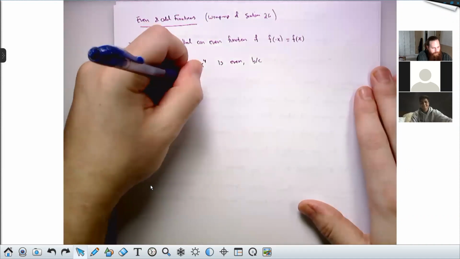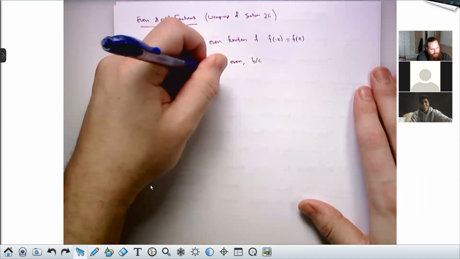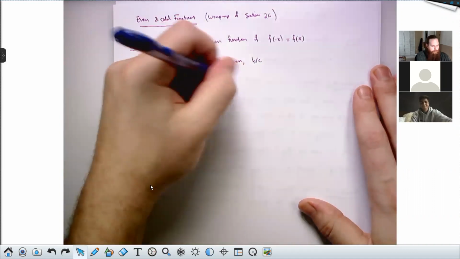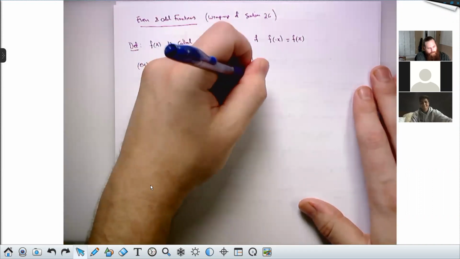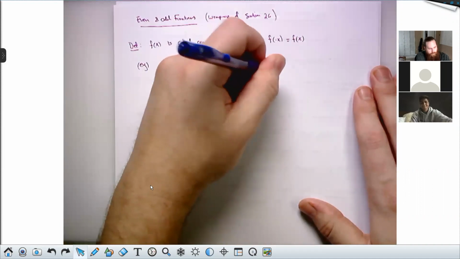So this would be 1 minus 2 times parentheses negative x to the 4, which is the same as 1 minus 2 times negative 1 to the 4 times x to the 4.